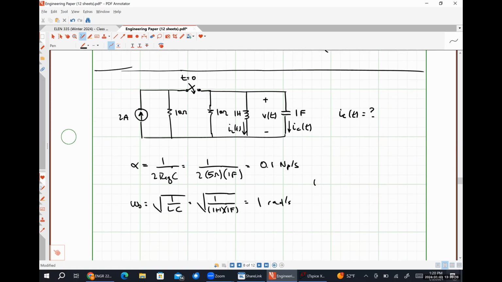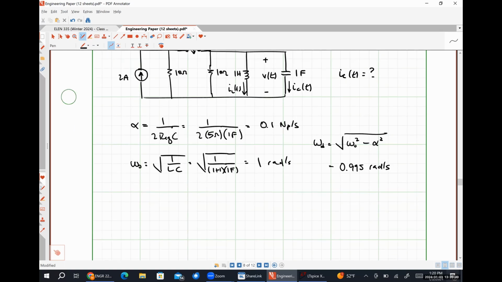Omega D is going to be the square root of omega naught squared minus alpha squared. So square root of, nope, wrong button. 0.995 and some change radians per second.